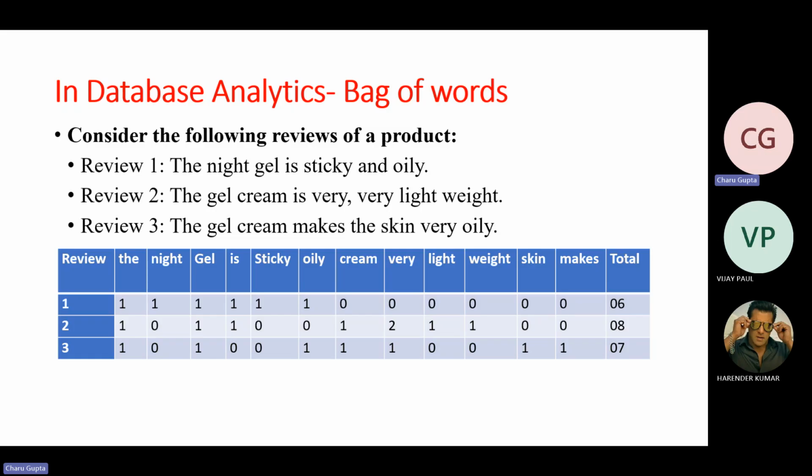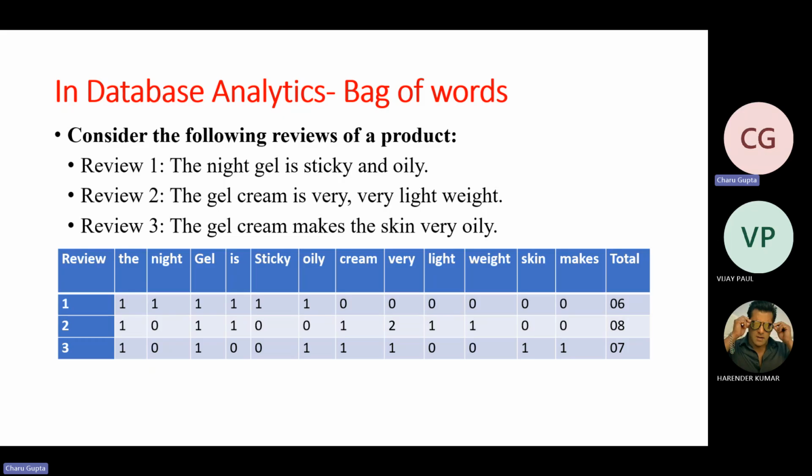Out of these three documents, I will find the different words, and make a corpus. After this, we will find the frequency, how many times a word comes up in a particular corpus.